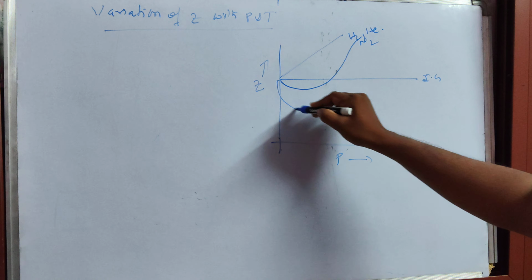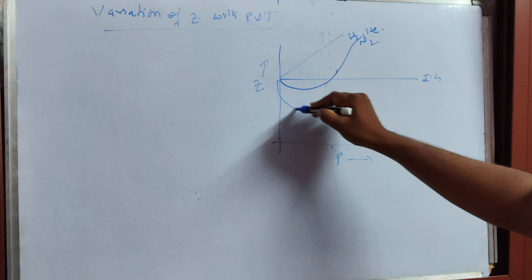For hydrogen and helium, what you observe is that at all temperatures and pressures, it will show positive deviation only.